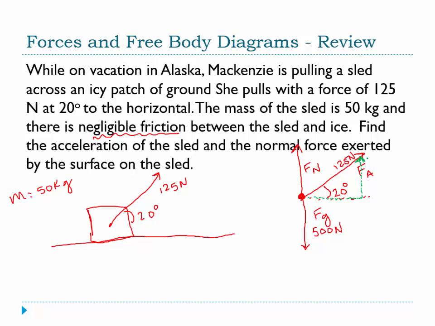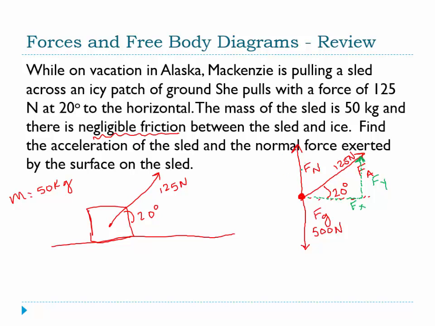Because it's acting at an angle, we have a force in the x direction and a force in the y direction, the components of this 125. When I split it up, the x direction will be the force that's actually making the sled move, and the y direction will be compensating a little bit of this normal force.